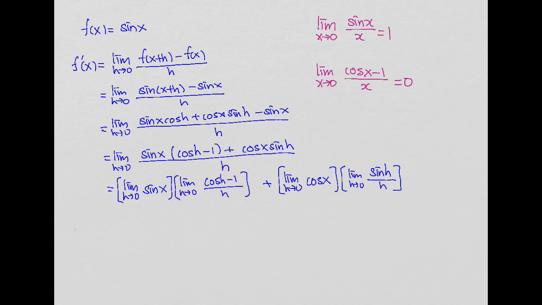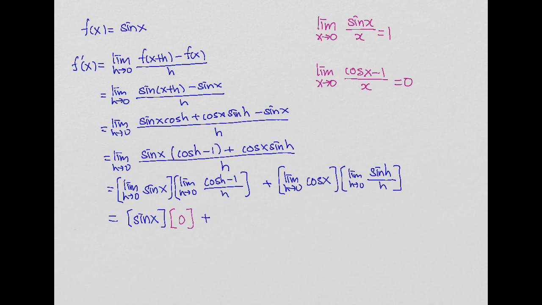So now let's substitute the values in. So the limit as h approaches 0 of sine x, because there's no h, the function will just become sine x. And the next square bracket, because of the property, we know this is a 0.